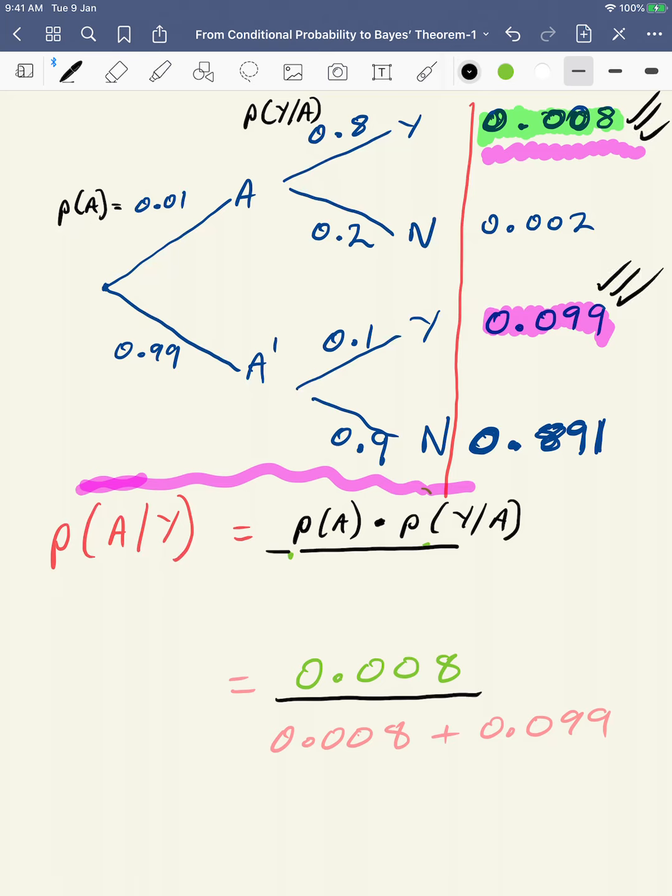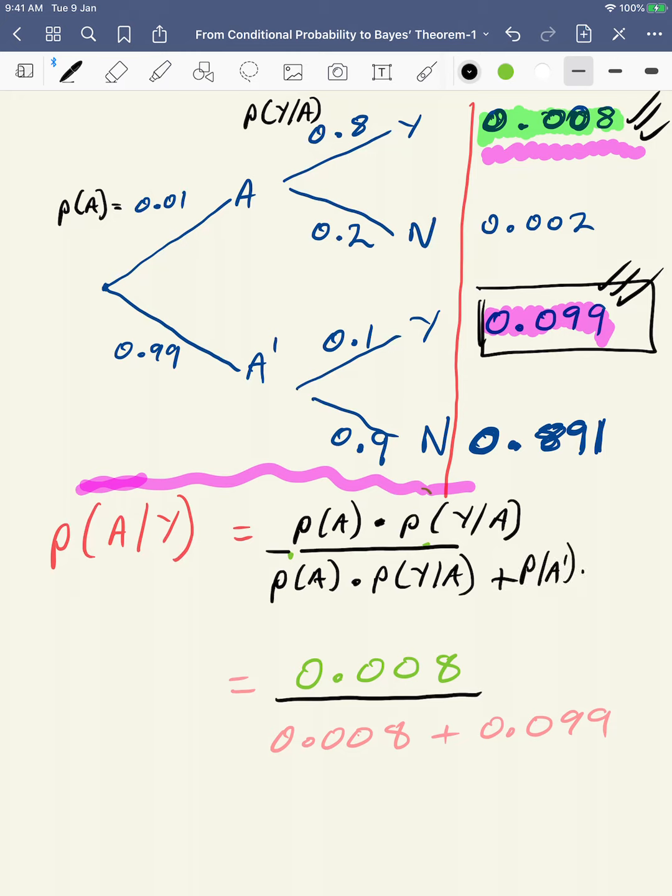And can you see the top branch is obviously P of A times by P of yes given A plus this branch here. Okay, and this branch is P of not A times by P of yes given not A. And there you have it. There you have Bayes' theorem written out in all its glory and splendor.